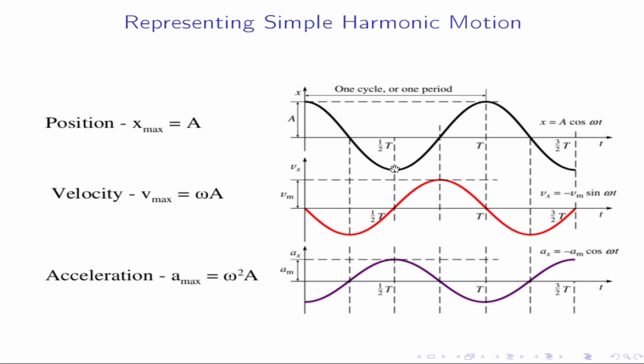The instantaneous displacement is represented by x equal to A cos omega t, and the time taken for one complete oscillation is the period capital T. The velocity is the first derivative of displacement. Therefore, V x is equal to minus V m sin omega t, where V m, the maximum velocity, is given by omega A. And acceleration is the second derivative of displacement. Therefore, A x is equal to minus A m cos omega t, where A m is omega square A, the maximum value.